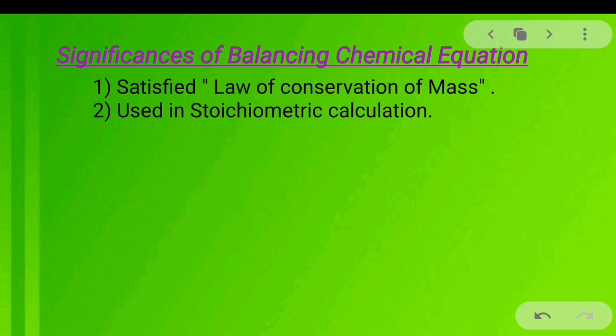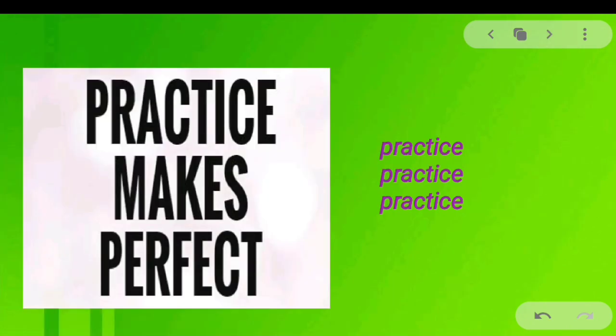From the balanced equation, we can calculate the exact amount of product and the amount of reactant required for one reaction. Now, practice makes perfect. So please practice, practice, practice. The more you practice, the more clarity will come and you will make fewer mistakes or no mistakes while balancing the equation.